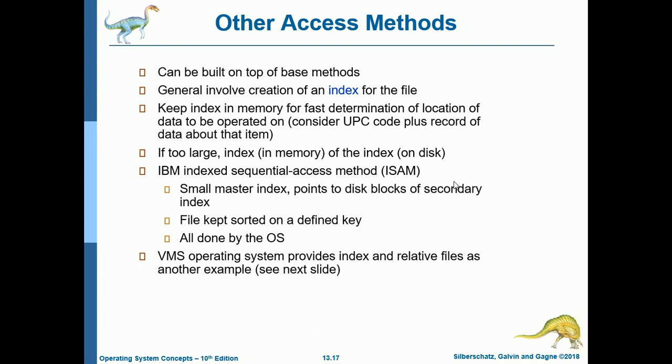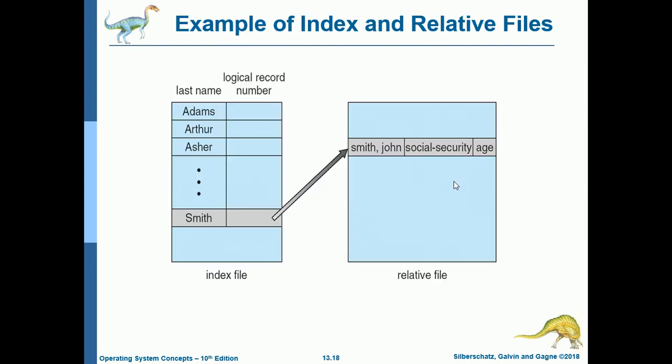And then the VMS operating system, another operating system, provides index and relative files as another example. The index file contains a list, and the relative file contains the whole contents, for example of Smith. If you're looking for the last name Smith, the relative file contains all the information about John Smith.